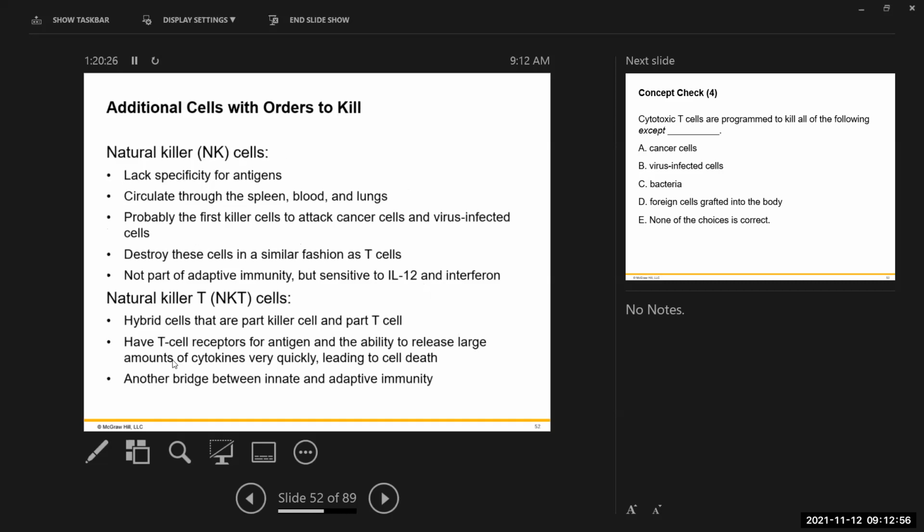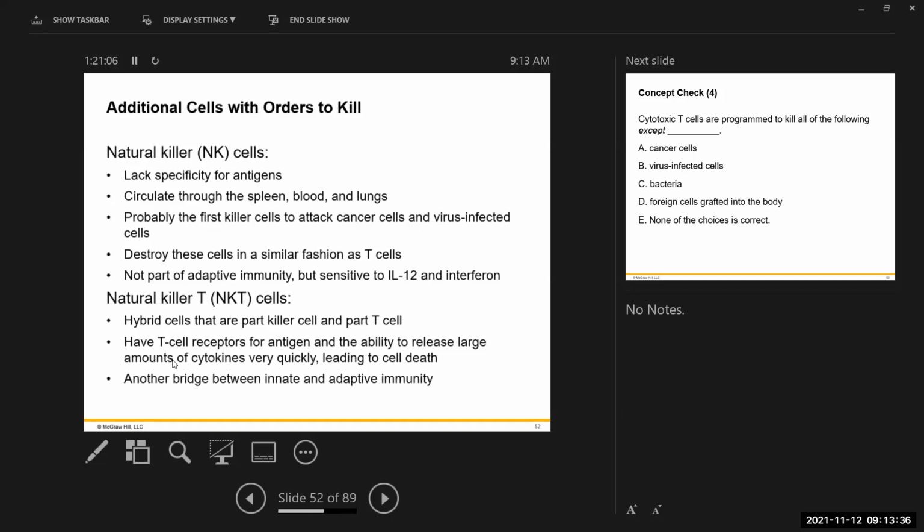Another group of cells that are part of the immune response are the so-called natural killer cells. Natural killer cells do not have an antigen receptor on their surface. They do, however, look at MHC class I proteins. And if the MHC class I protein is presenting an antigen that is weird, the natural killer cell will kill the cell.